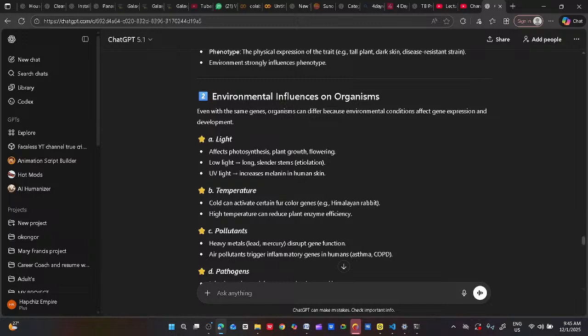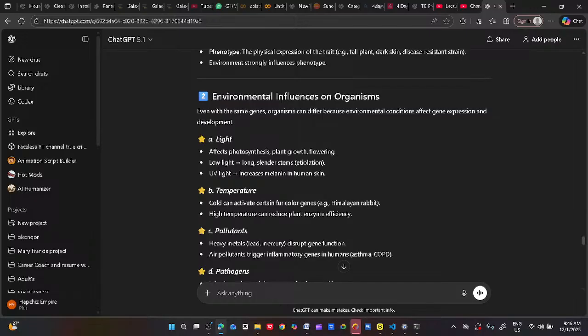That will make that environment safe, because the plant is going to trap some toxic substances and metabolize them so as to give you a very safe environment. So it affects photosynthesis, plant growth, and flowering.